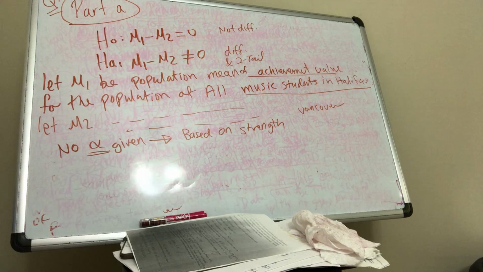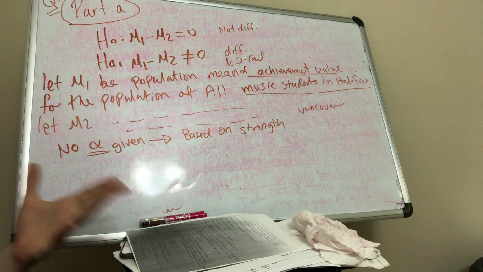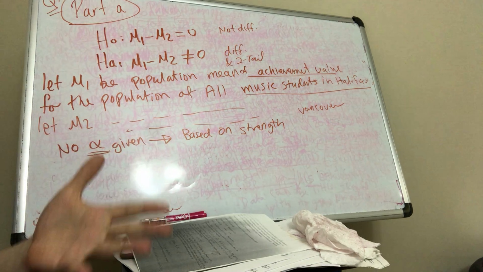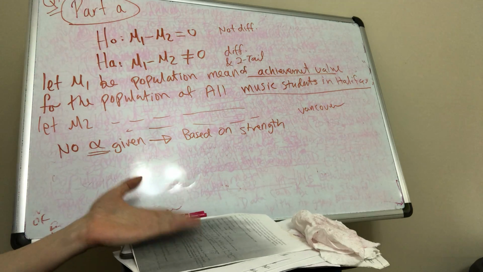There are 5 levels for the strengths. It's provided in the sections of your textbook, and I'll send it to you when I send you the copy of the test.